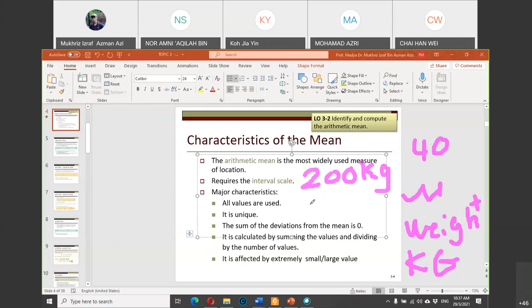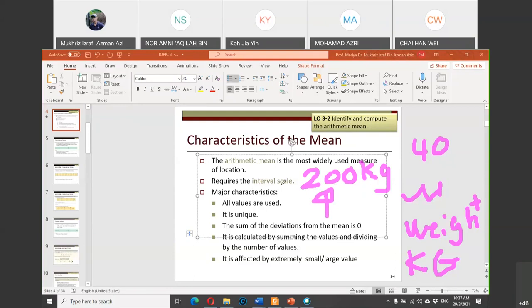For male, it could be around 70 kg to 80 kg, depending on your height and your age, but not 200 kilograms for sure. But when you want to calculate the mean, this student will be added as well, and your mean value will be brought up, will be increased because of this one student.